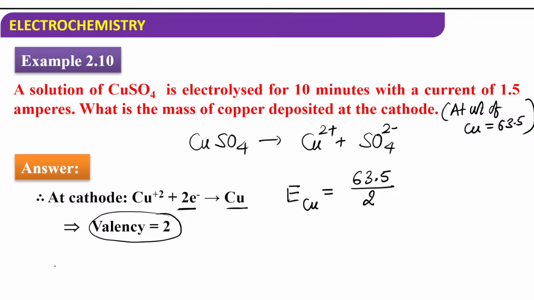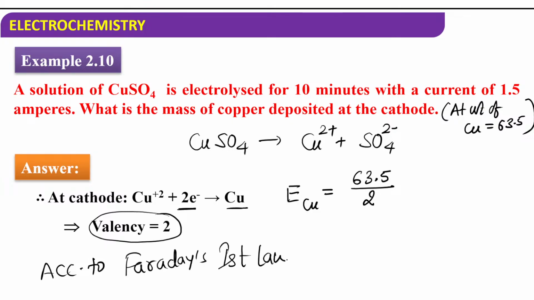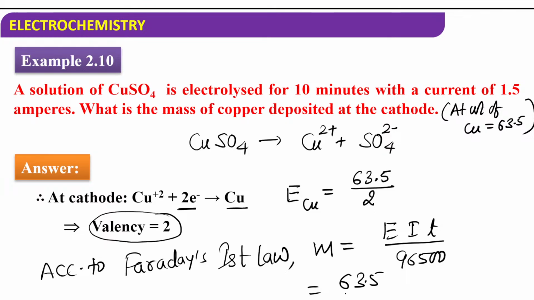Now, according to Faraday's first law of electrolysis, the mass deposited is E into I into T upon 96500. E is 63.5 upon 2, and I is 1.5 ampere.